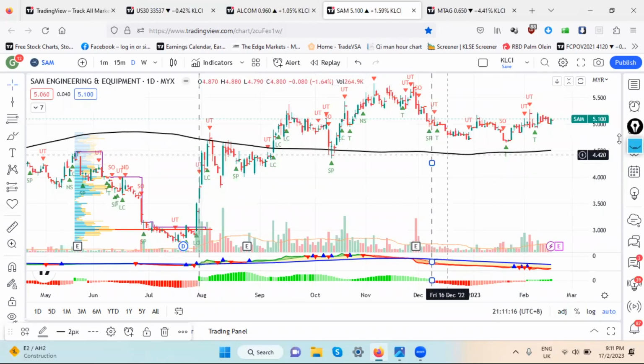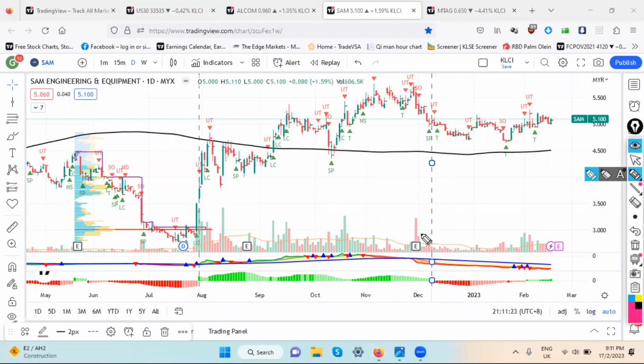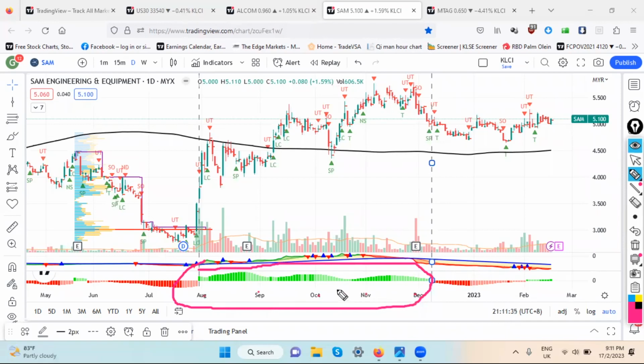As long as the market is still in a green zone, it is basically okay to trade. This zone has been maintained for five months. When you have all this green, it is very good for you to trade.